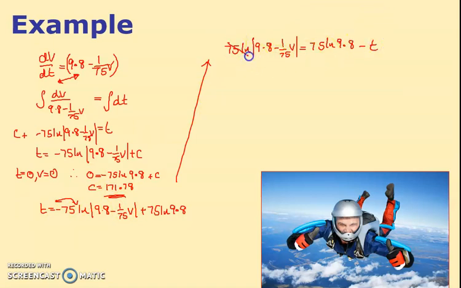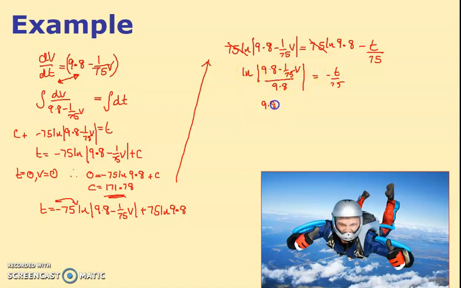So I suppose I can divide by 75. That makes life a bit easier. I've got log of this and log of that, so why not join those together? That gives me the log of (9.8 minus a 75th of v) divided by 9.8 equals minus t over 75. So move the log onto the other side.